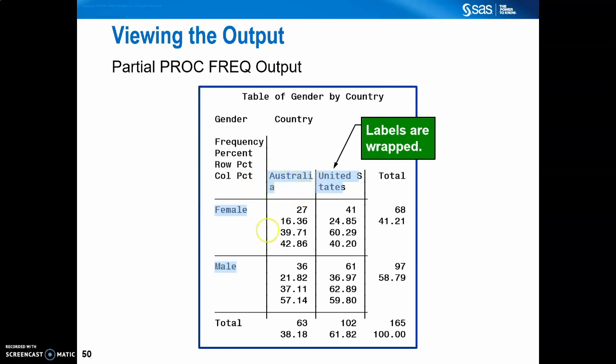For example, previously we were using AU, but now it is Australia, and US for United States. The same happened for gender, which was previously capital F, now changed to female, and M changed to male. However, the label here is wrapped, which is a bit messy, and we have to change it.